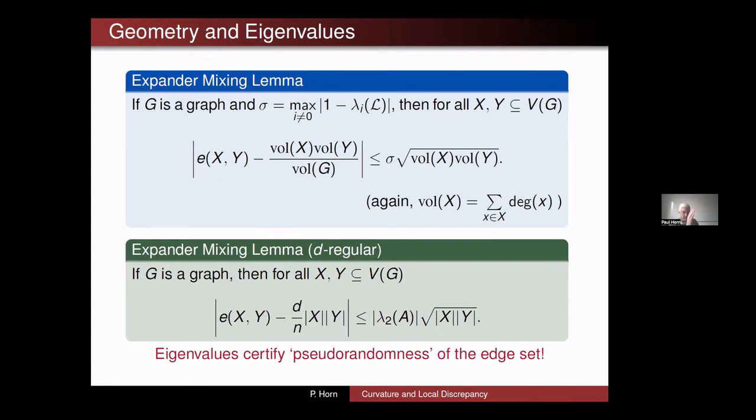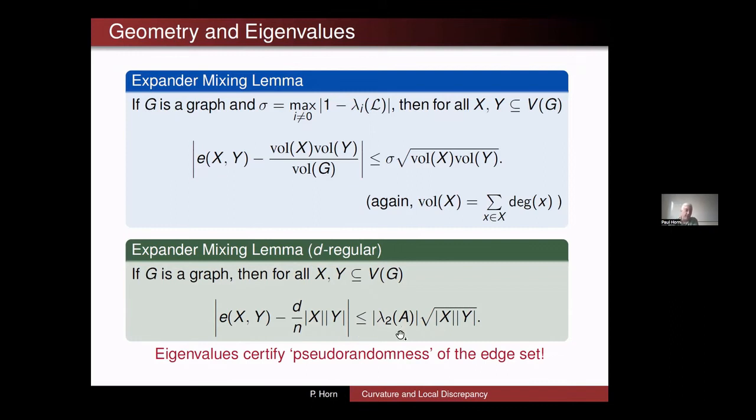So it's a little bit hard to perhaps visualize this, but again, what's actually going on here is the eigenvalues are between 0 and 2. And so this is kind of looking at how in the middle they are. And if they're all kind of in the middle, then you get tighter and tighter bounds on this. And there's a version of this for regular graphs, that one gets from the adjacency matrix.